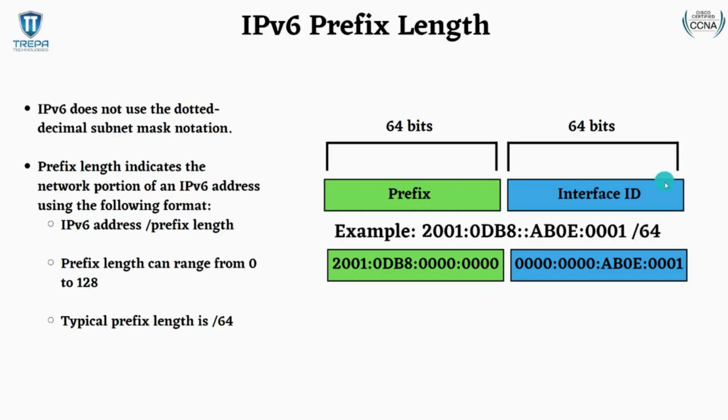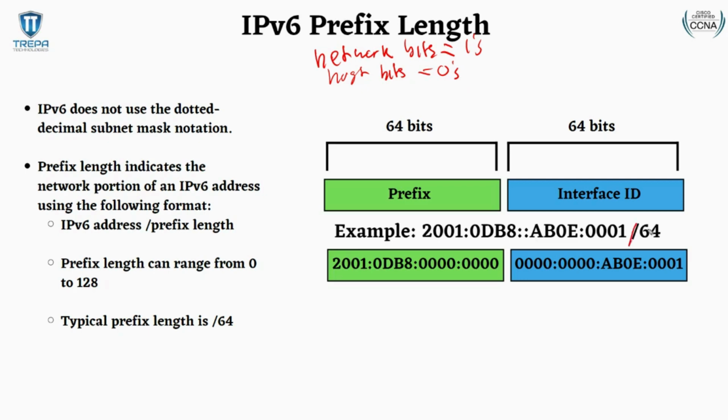Now let's go over the prefix length of an IPv6 and what the prefix length is. So at this point in our video, I'm assuming that you have already watched our IPv4 videos and our subnetting videos. And if you did and you've mastered subnetting in the vernacular we used, you know that in IPv4, the network bits in our subnet mask are the 1s, and the host bits in our subnet mask are the 0s. So IPv6 kind of follows the same trend.